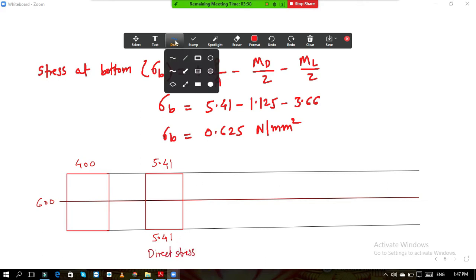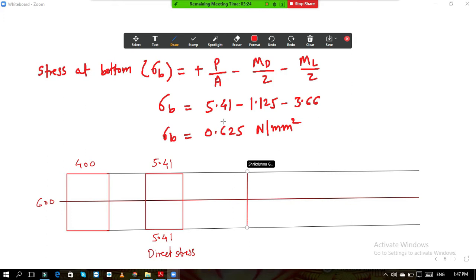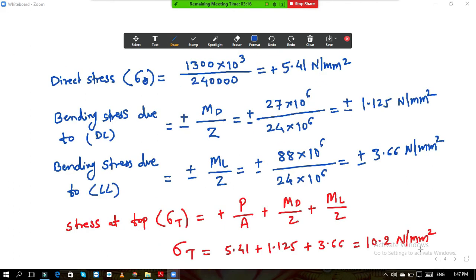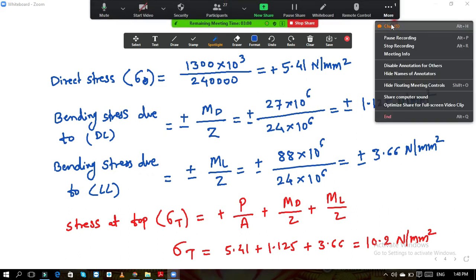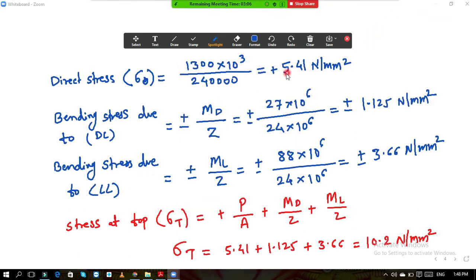Okay. Then next is the bending stress due to dead load. This also you can plot here. If you see, the bending stress is plus minus 1.125 due to dead load. So at top it is plus, at bottom it is minus.